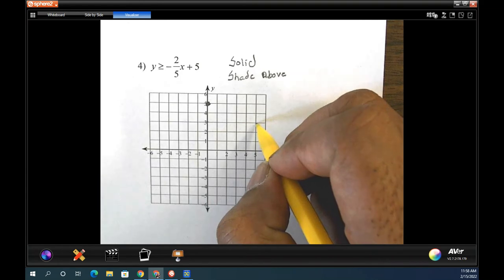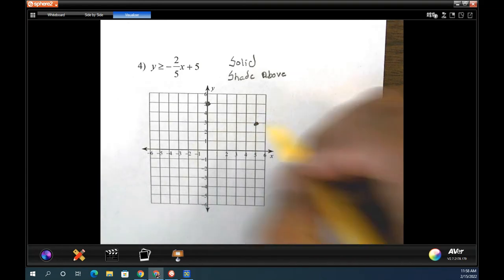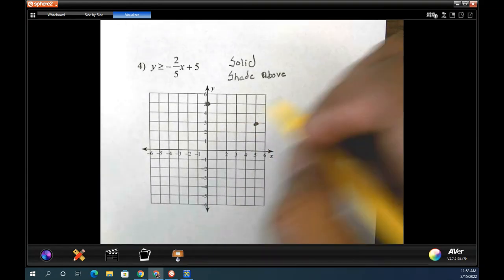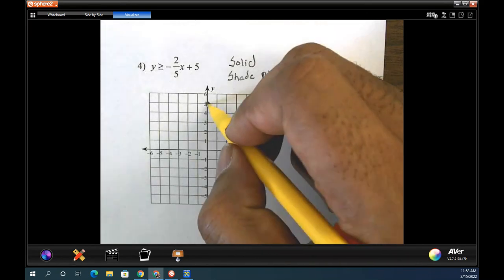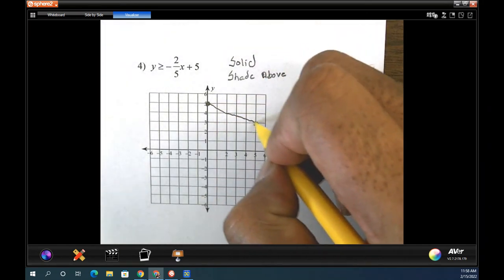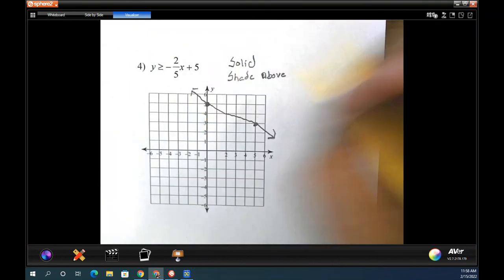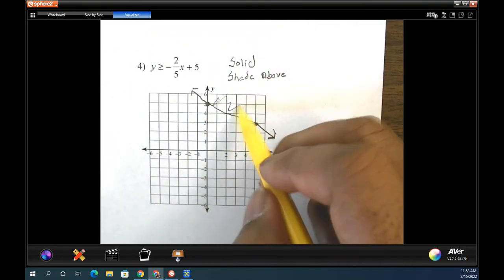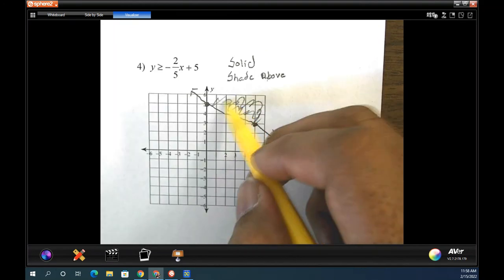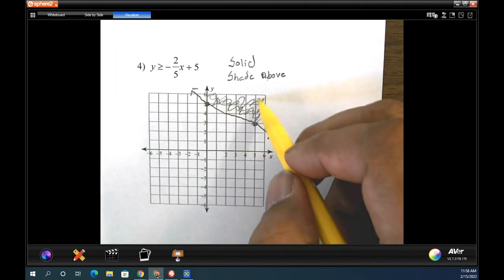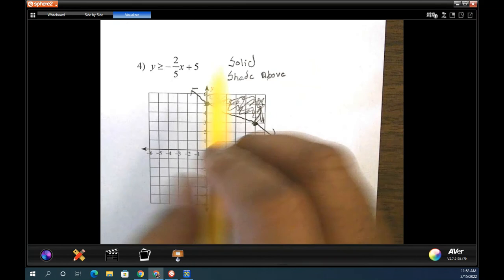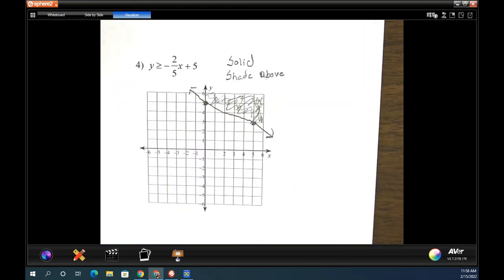How many? Yeah. All right. That's all we can put. So it's a solid line. And we said shade above. So all these points in the shaded area solve that linear inequality.